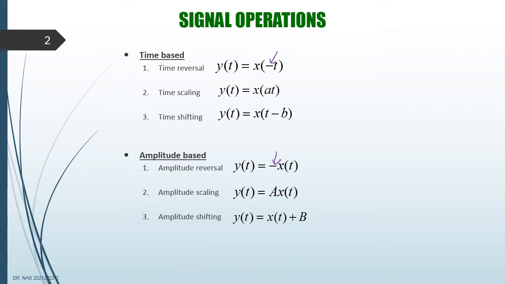For time scaling, there's an additional parameter inside the bracket. Time shifting, there's a positive or negative parameter added inside the bracket. And for amplitude scaling, you can notice additional variables outside the bracket, and amplitude shifting, whether the signal is shifted up or shifted down outside the bracket.